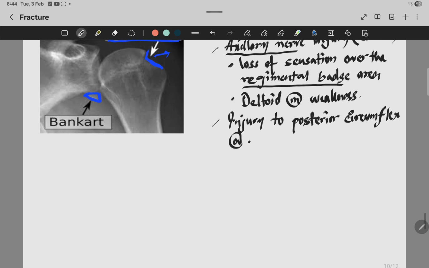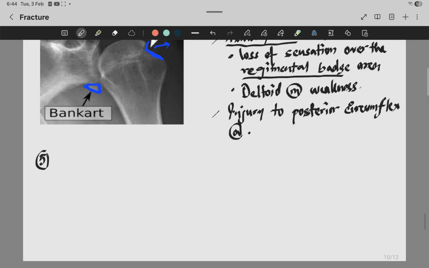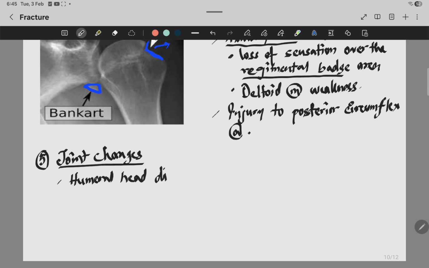Next we'll go to number 5, the joint changes, or you can say the relationship between the joints changes. Here in case of shoulder dislocation, the humeral head is displaced antero-inferiorly.